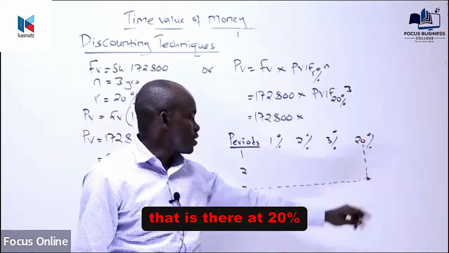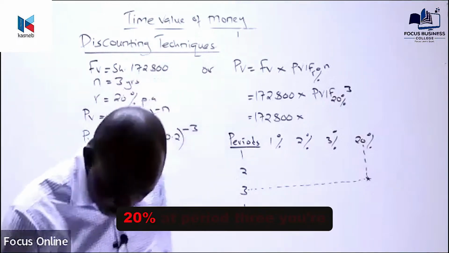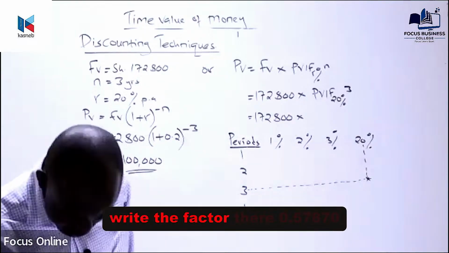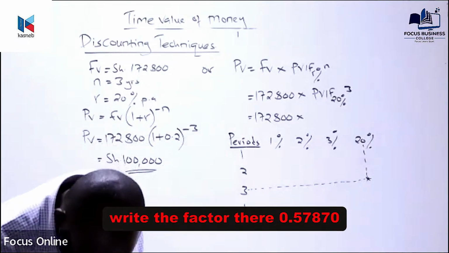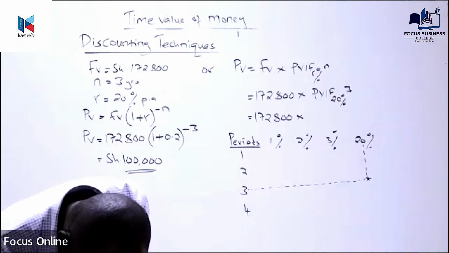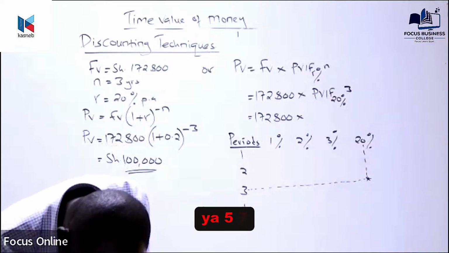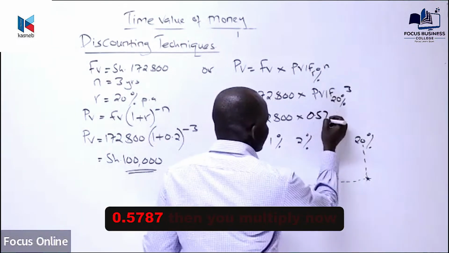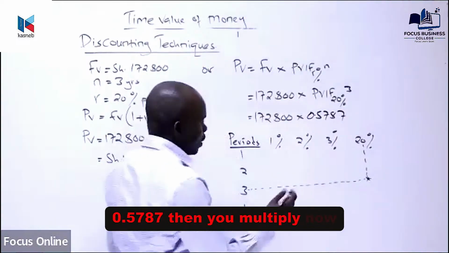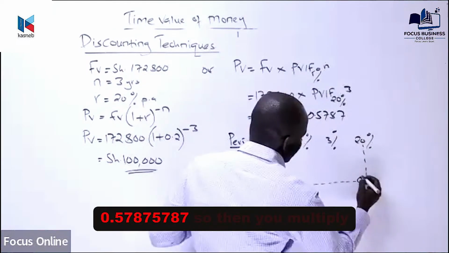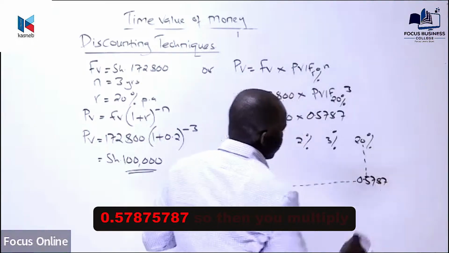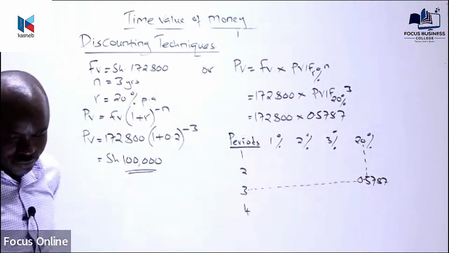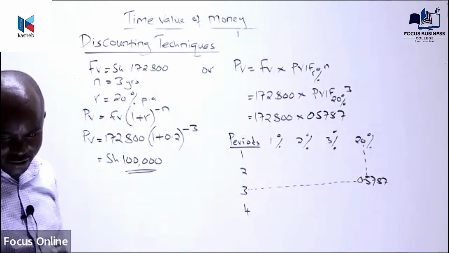At 20%, period 3, you're getting the factor 0.5787. Then you multiply now by this factor, 172,800 times 0.5787.